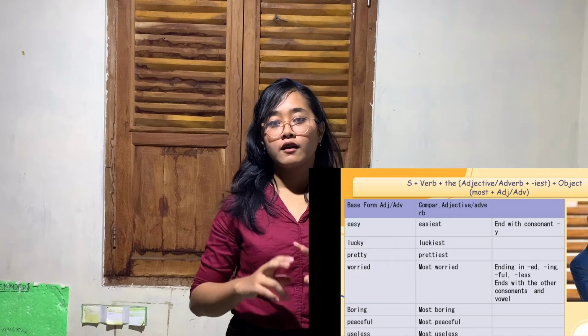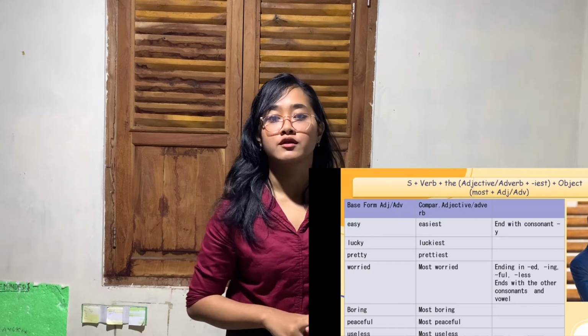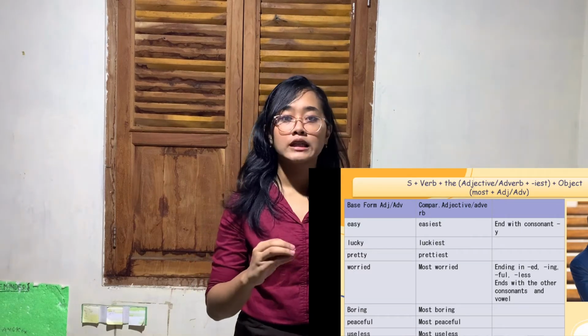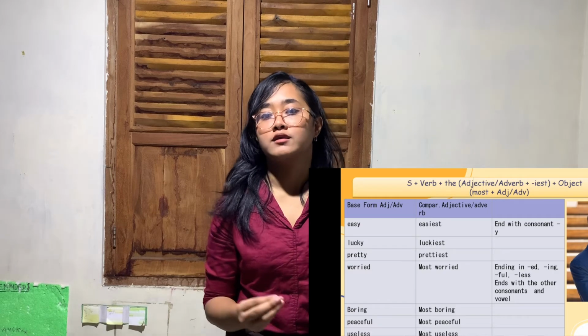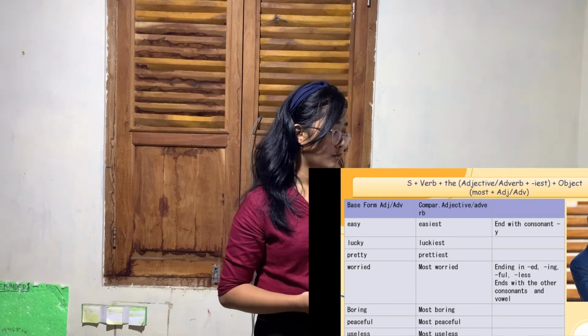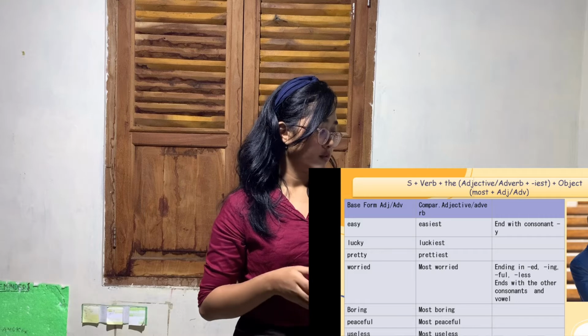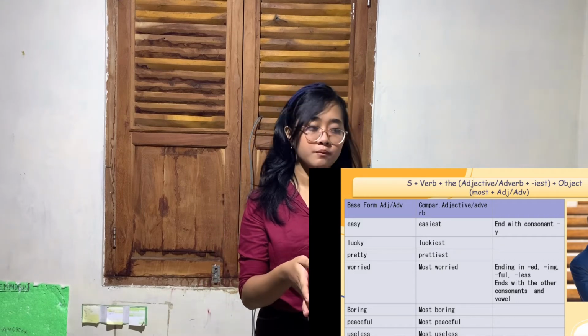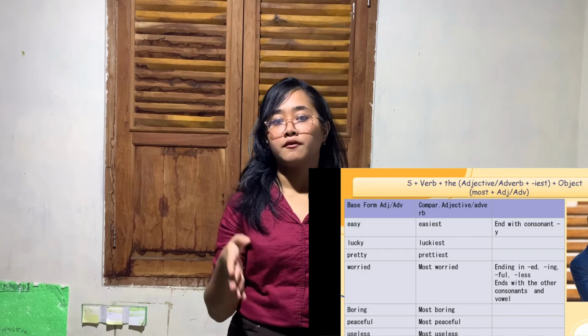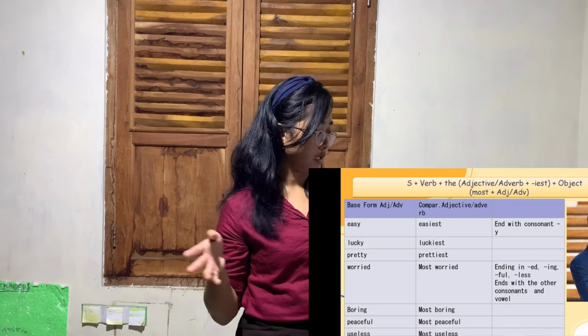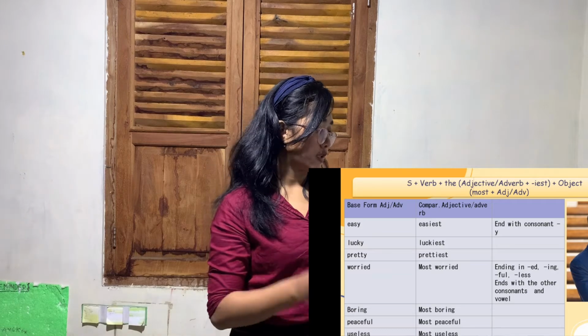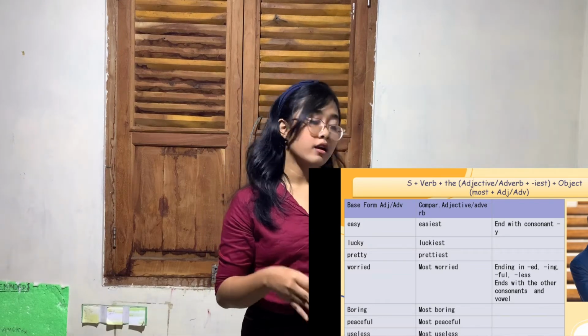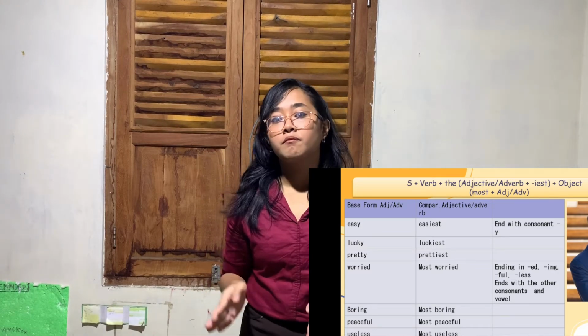If we have two-syllable adjectives, we have two structures that depend on the ending of the adjective. We use subject plus verb plus the plus adjective or adverb plus iest plus object, and subject plus verb plus the plus most plus adjective or adverb plus object.